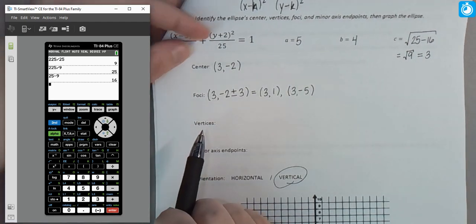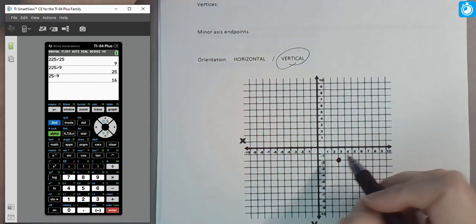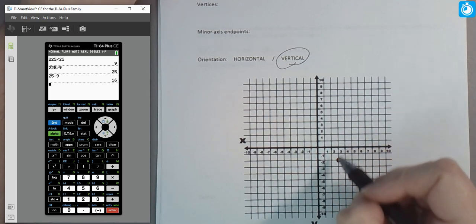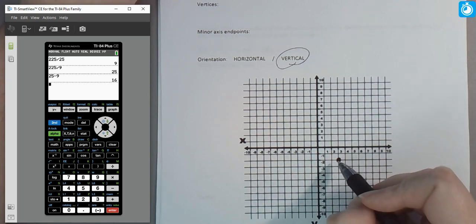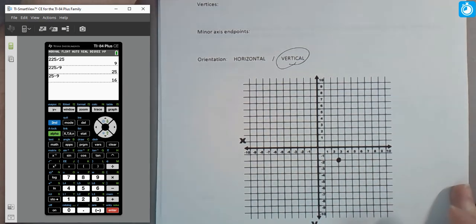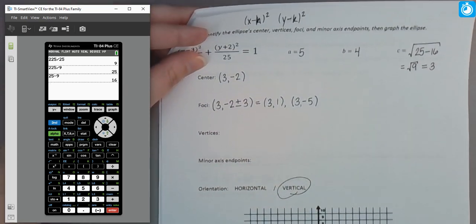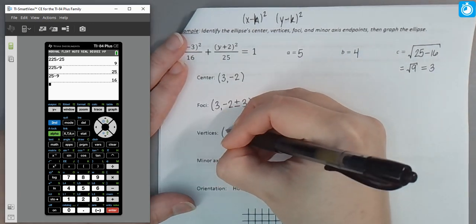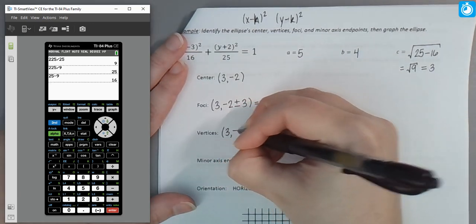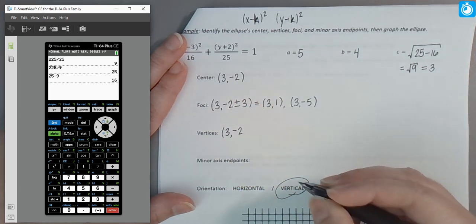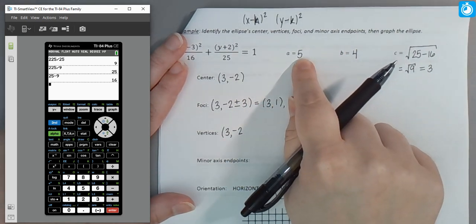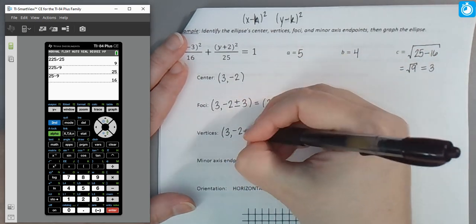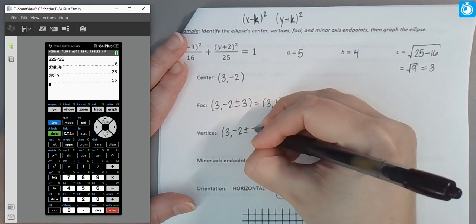So vertices distributed in the same way. If the major axis is vertical, the vertices are a units above and a units below our center. So we're keeping the x coordinate of our center constant. We're just changing the y coordinate, which starts at −2. And then we're going to add a, we're going to subtract a, so plus or minus 5.